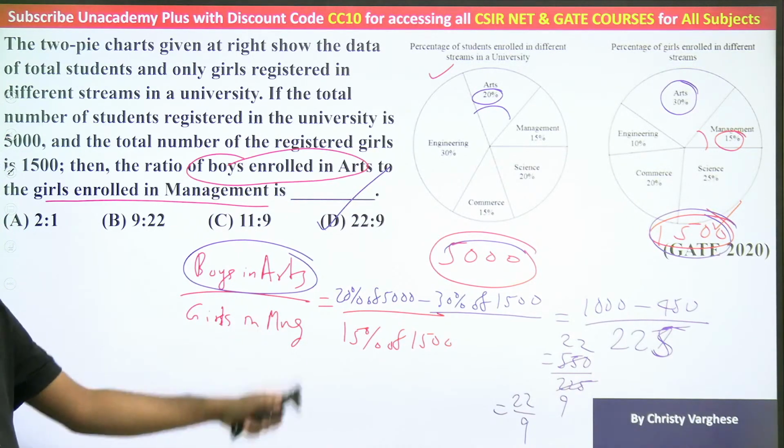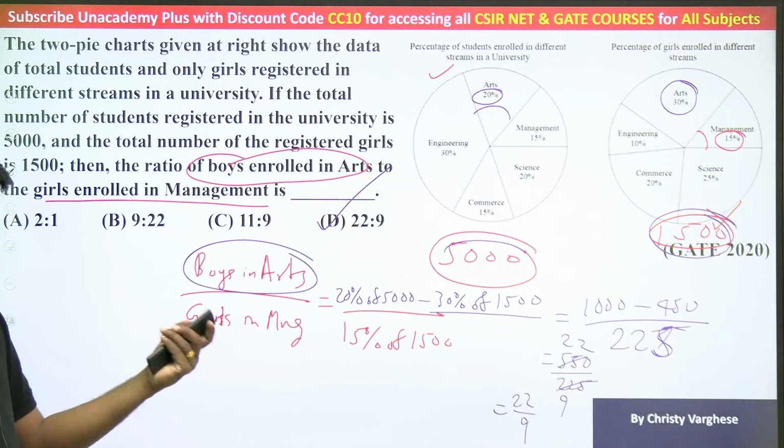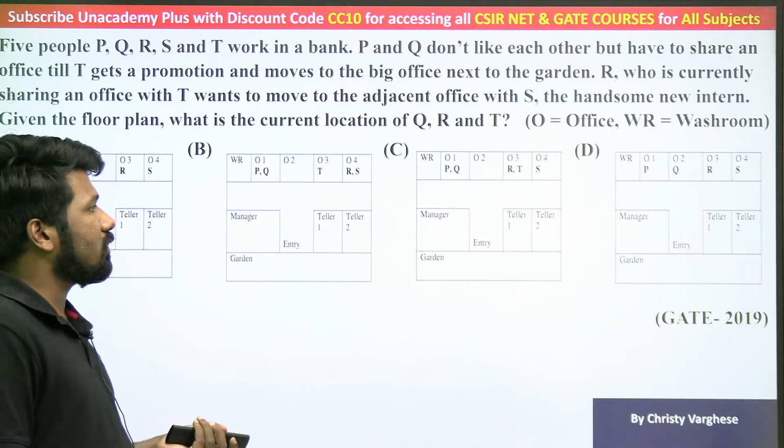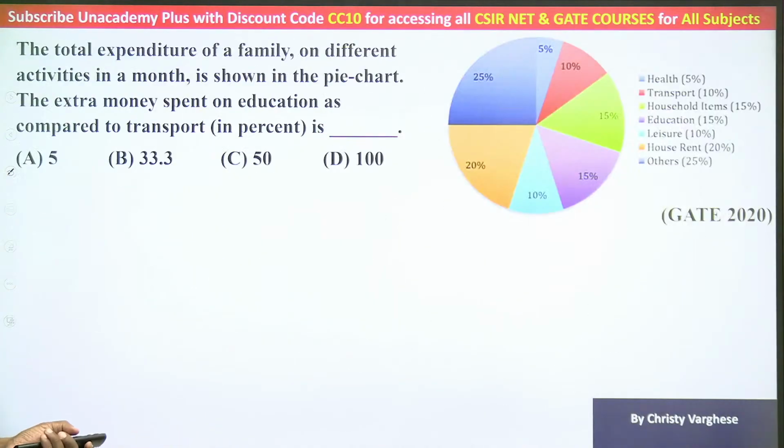So this was a GATE 2020 problem. Very good question. CSIR and GATE, these kinds of questions are repeatedly asked. So then we will discuss a simple question.